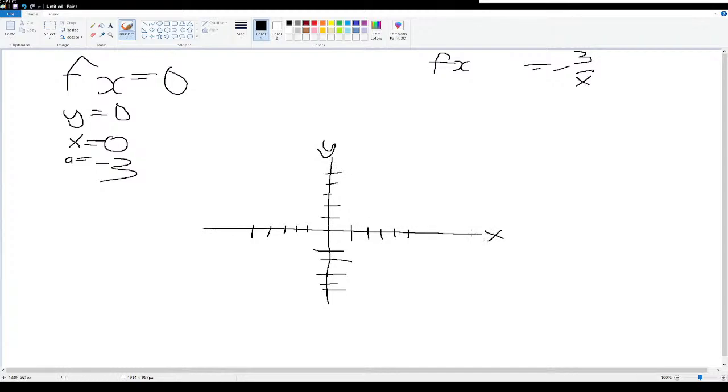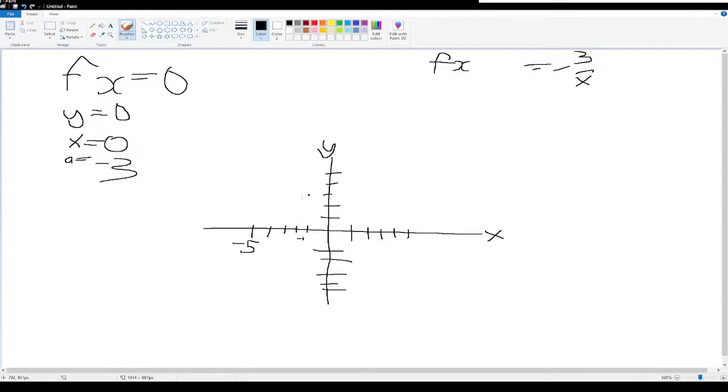Then what I need to do is graph 3 extra points. So when x is equal to 0, this would mean that there's a turning point around here somewhere. But anyways, this is -1 and that goes to 3. So 1, 2, 3, there's 1 point.